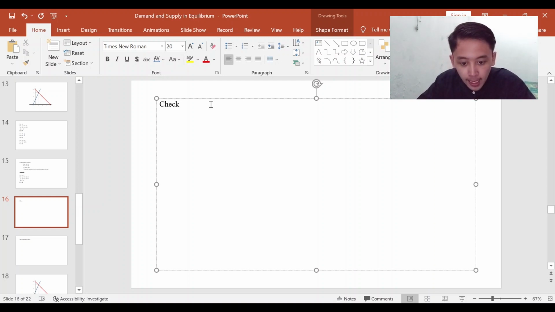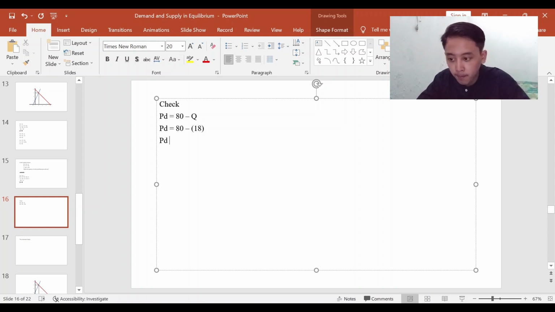The price demanded at a quantity of 18 is P equals 80 minus 18, which equals 62. So the price demanded after tax at the equilibrium quantity is 62.